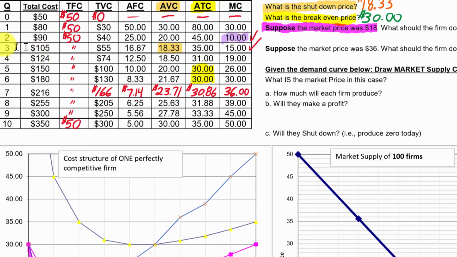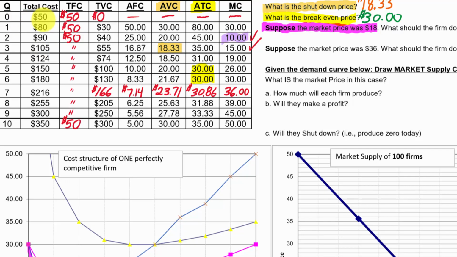Well, we look over here at 3 units, $105 total cost. Total revenue minus total cost, 54 minus 105, means we're going to lose $51. Well, that would be a terrible idea, because if we just tell our employees to stay home and produce 0 units, we could lose $50 instead.